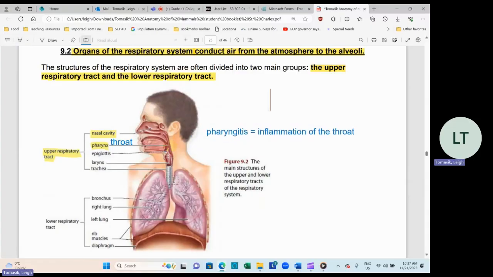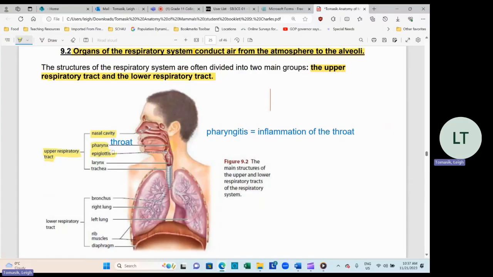Okay, then you have, at the back of your throat, two openings, right? One is for food, one is for air. And you don't want the food to go down the airway. So we have this little flap called the epiglottis. The epiglottis will cover the airway when you're swallowing food.